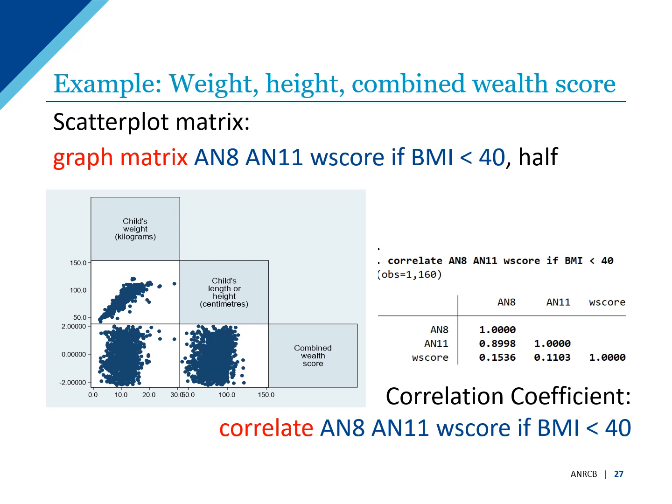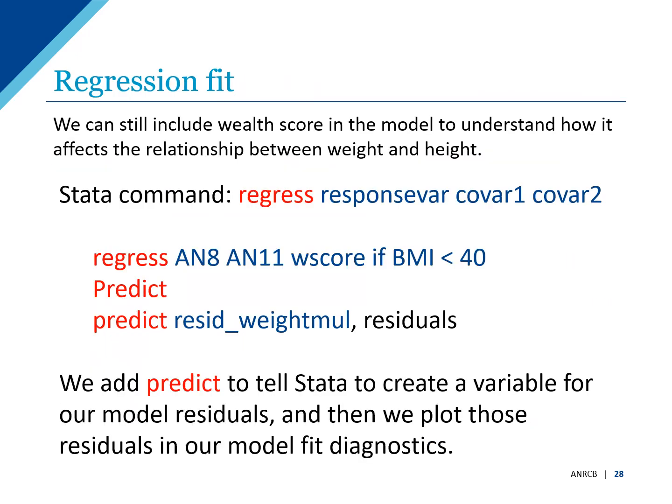It appears that wealth score does not have a very linear relationship with weight and height. The correlation coefficient is only about 0.15 and 0.11, and the points in the plot are distributed all over the plot, not in a linear pattern. We can still include wealth score in the model to understand how it affects the relationship between weight and height.